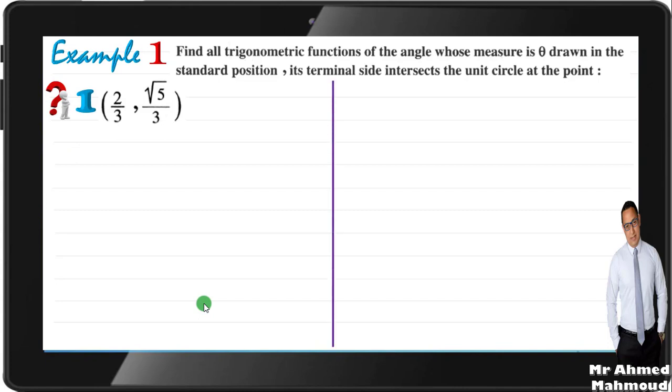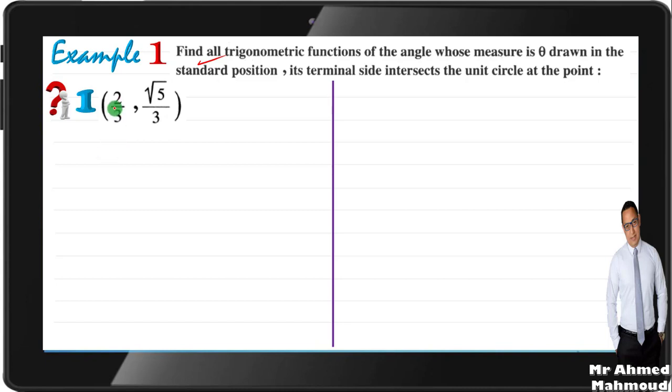When he says all trigonometrical ratios, he means sine, cosine, tan, and sec, cosec, and cotan.